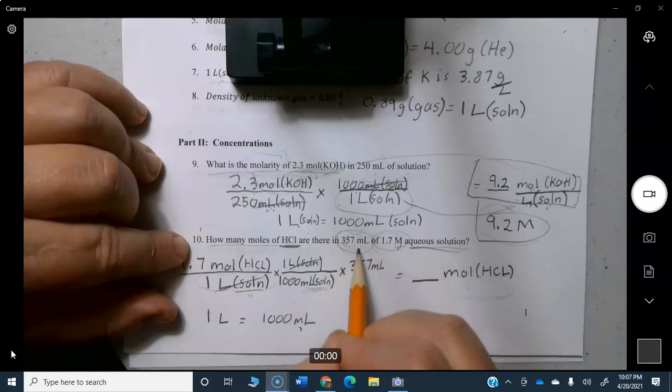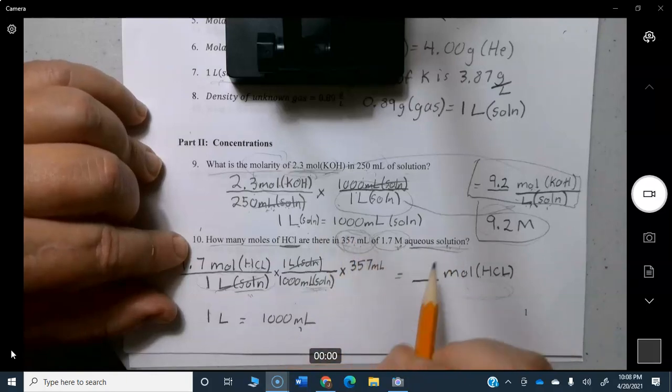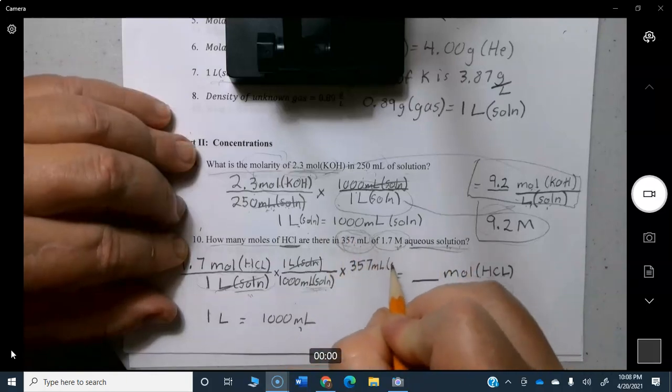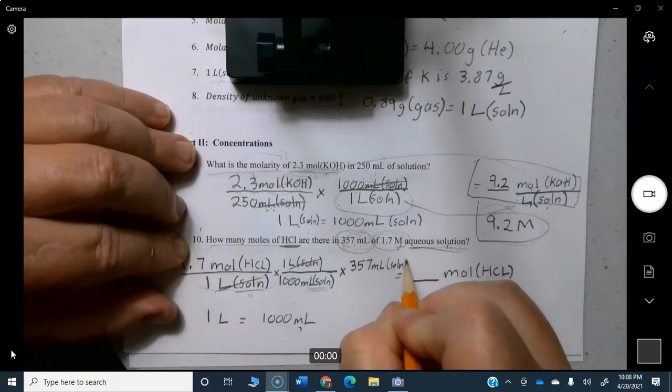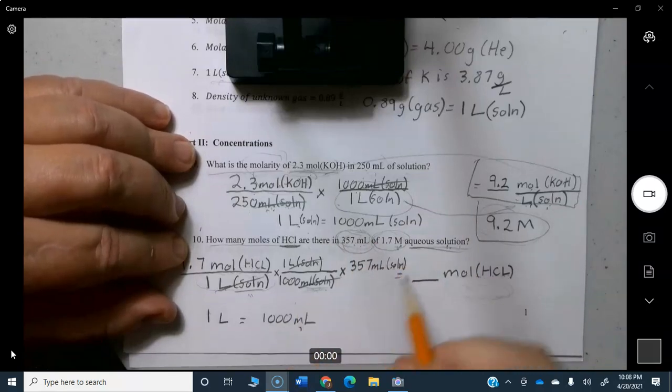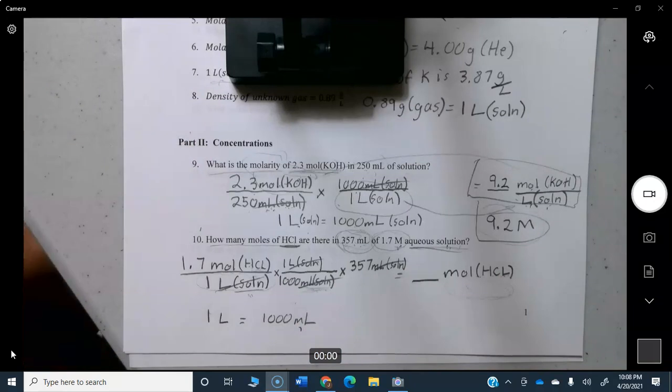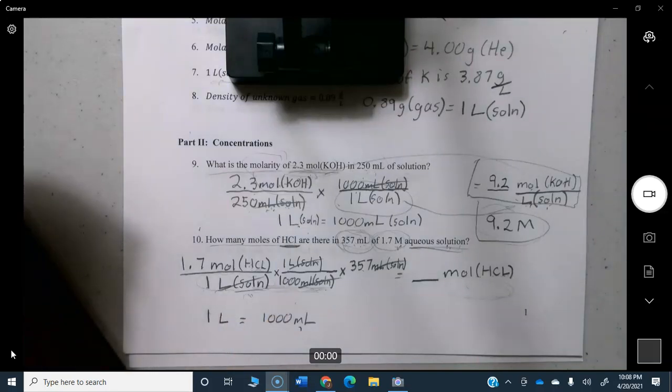So the 357 milliliters is of solution. That's what it's saying there. I didn't seem to give myself enough space here, so I'll do the best I can. So milliliters of solution cancels there and there. So now you no longer have any units on the bottom. These both canceled out, nothing over here. So now you're ready to run the numbers. 1.7 times 1 times 357 divided by 1 divided by 1,000. Let's go ahead and do that.